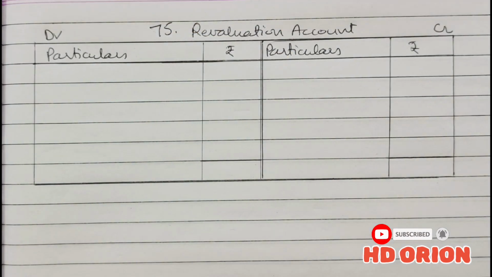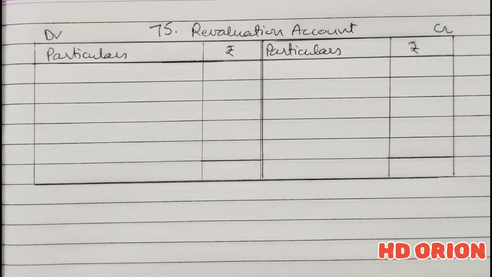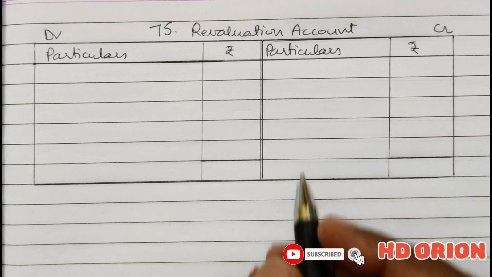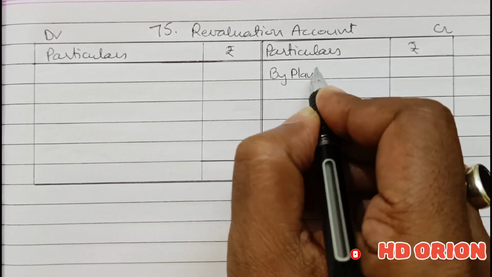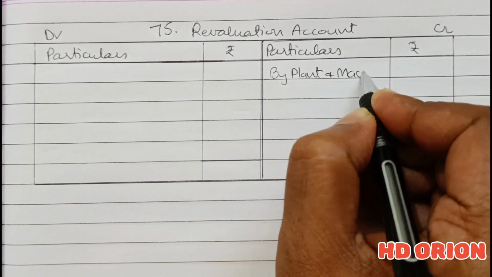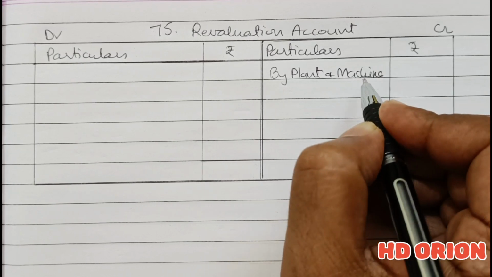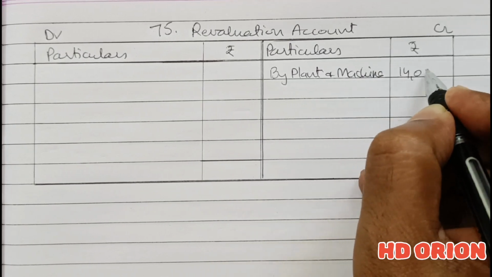Revaluation account we will prepare first. In the third point it is stated plant and machinery were found to be undervalued by 14,000. So we have to increase it.